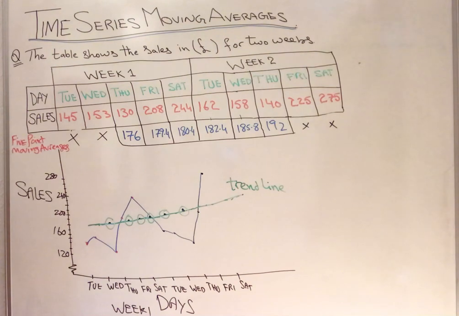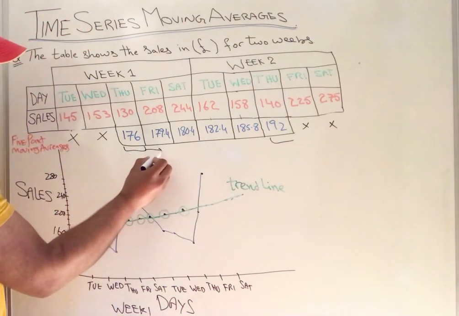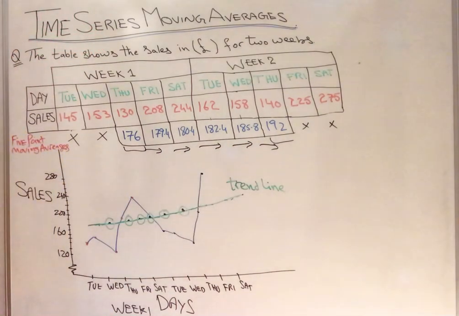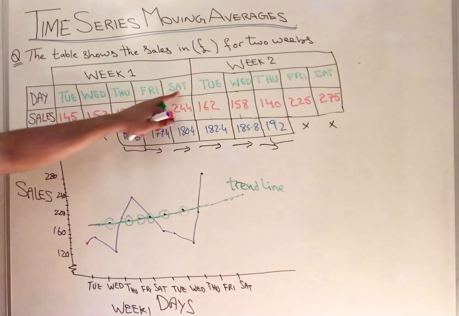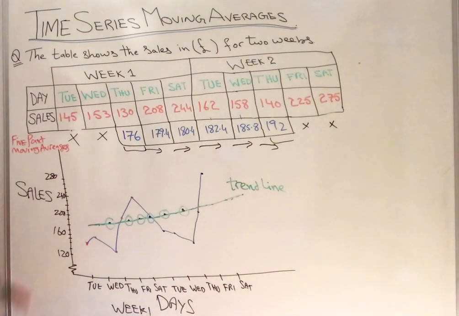Now what does it say? The last part asks us to describe any trend in the data. Now you can see here, this is 176 and it goes to 192. Day by day this value increases. But in the previous data, the values went up and down, up and down, not in sequence.